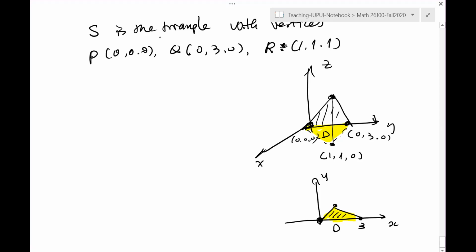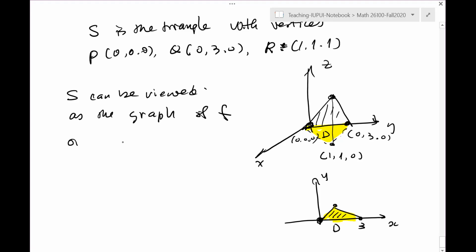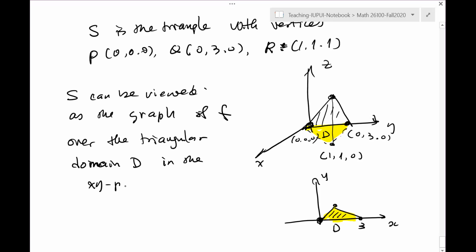So the triangle can be viewed as a graph over that triangular domain. S can be viewed as the graph of some function f over the triangular domain D in the xy plane.